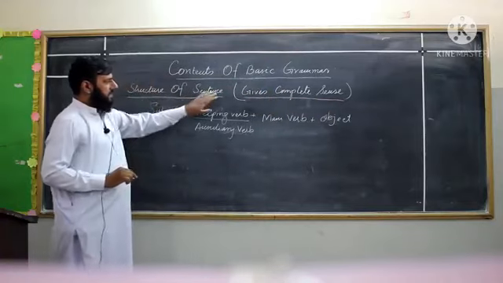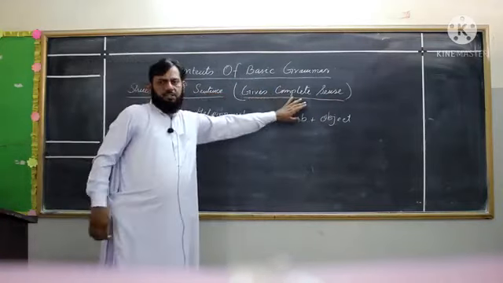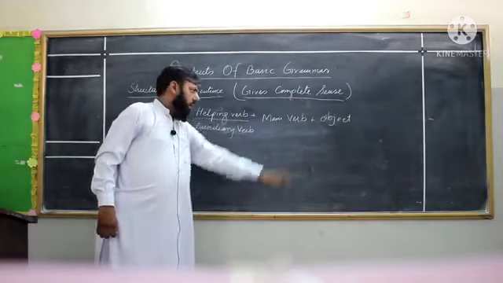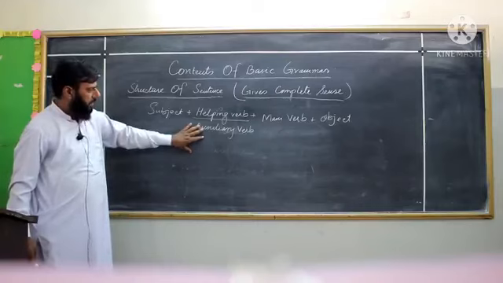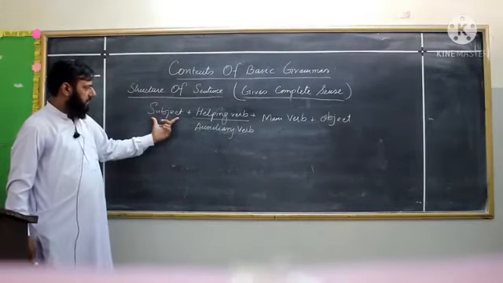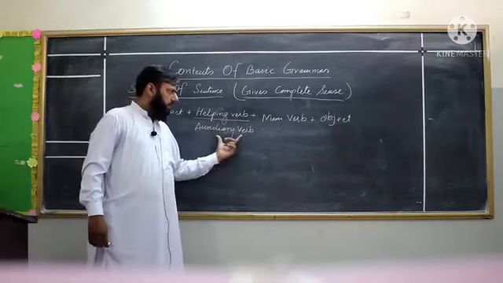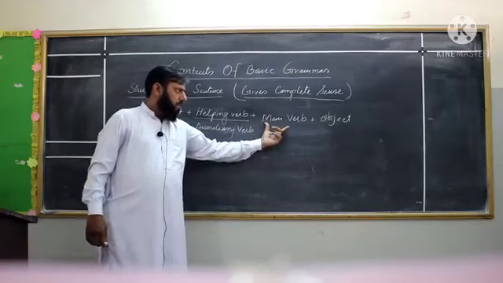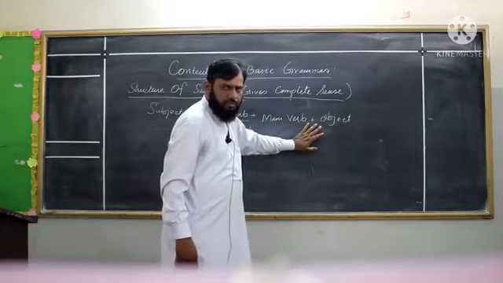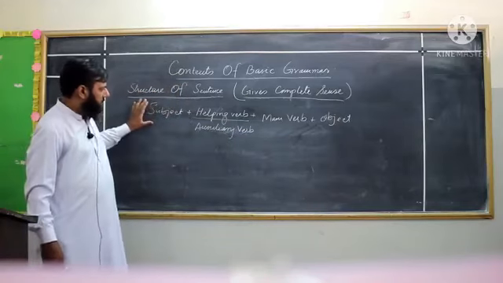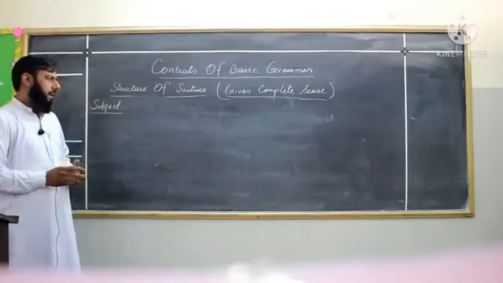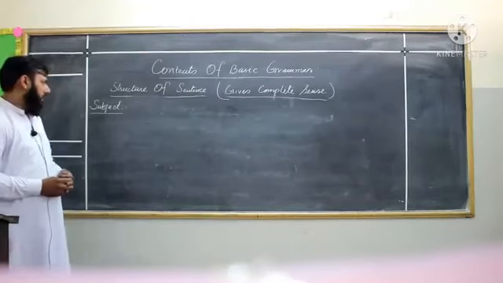It has four main components or elements: first of all, subject, then helping verb or auxiliary verb, main verb, and the object. You will have to keep this in your mind when you come across such a grammatical structure. Let's analyze it step by step, one by one.